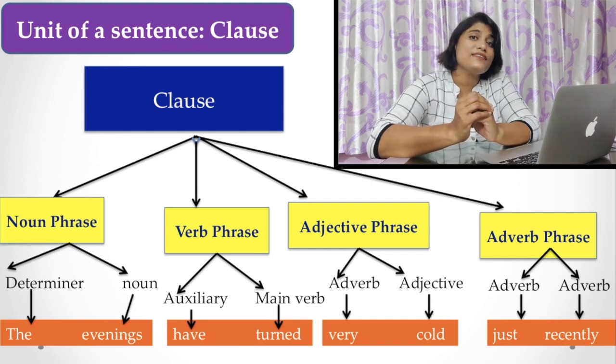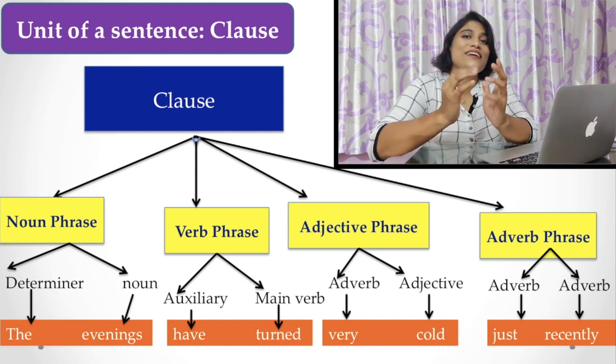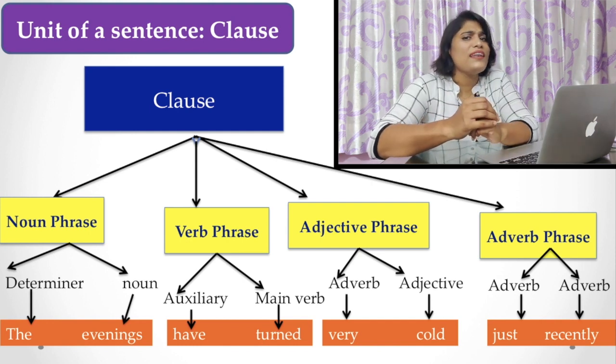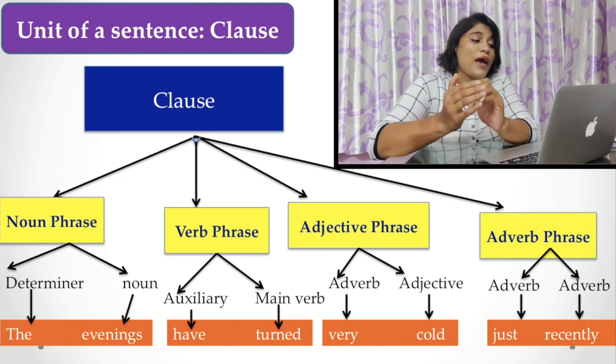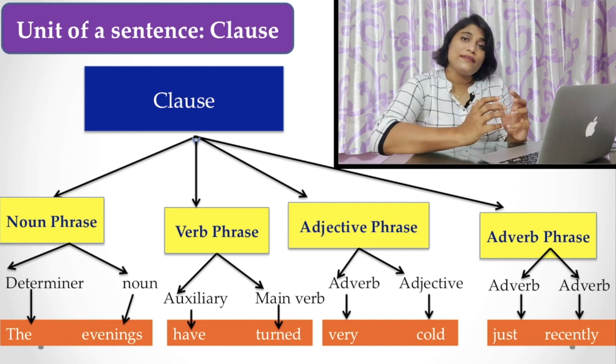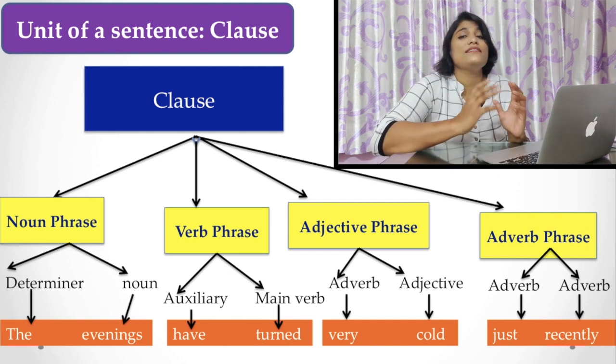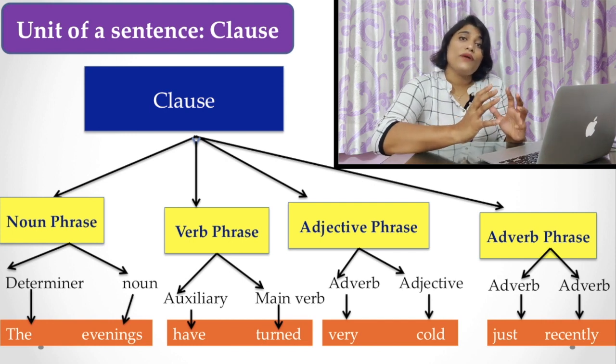This sentence is a combination of several phrases. In my last video, I have discussed in detail all these phrases. So when it is a clause, you find in that clause there are so many phrases.